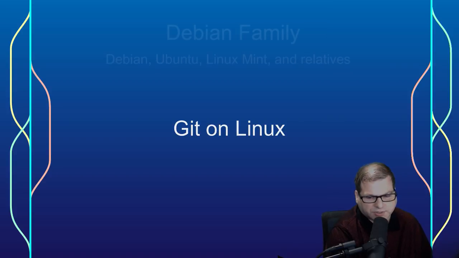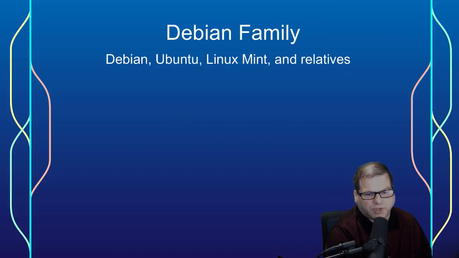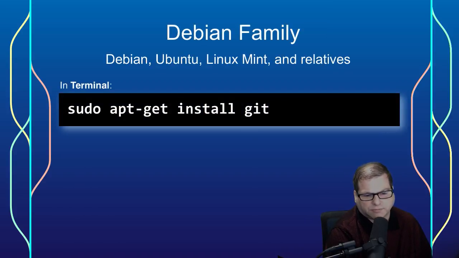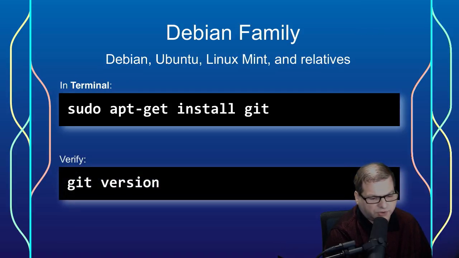With Git on Linux, the Debian family, you just use apt-get. Again, you'll probably need to use sudo or log in as root. It'll be simply apt-get install git. Then you'll need to verify with git version.